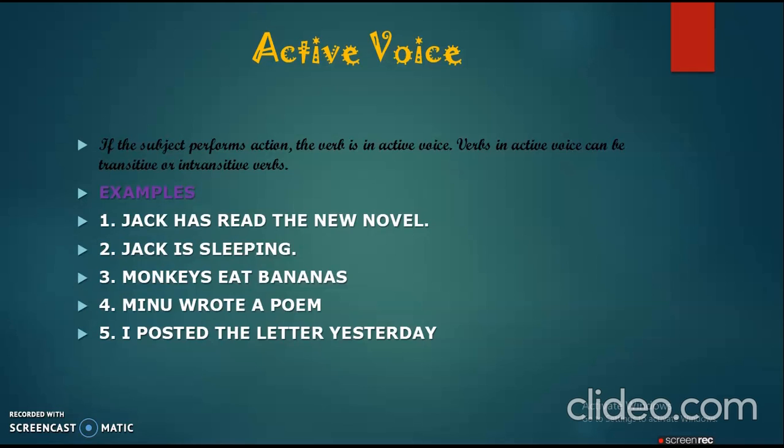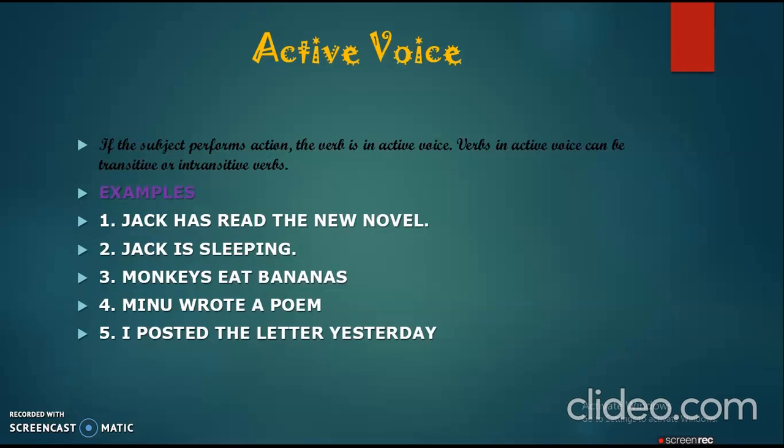So all this is active voice. Active voice is an informal voice. You use active voice when you are talking to your friends or your close ones. And here the subject performs the action and verbs in active voice can be transitive or intransitive.